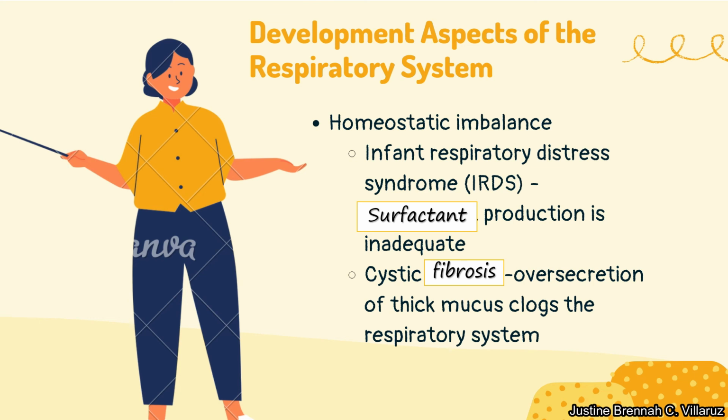Infant respiratory distress syndrome usually happens when a baby's lungs are not fully developed and cannot provide enough oxygen, which might cause difficulties in breathing. It usually affects premature babies. It is also known as hyaline membrane disease, surfactant deficiency disease, or newborn respiratory distress syndrome.